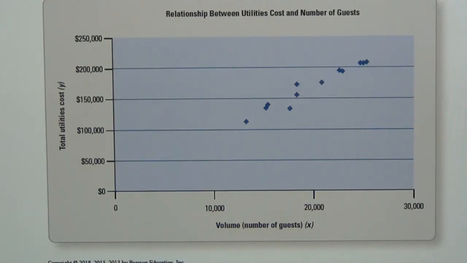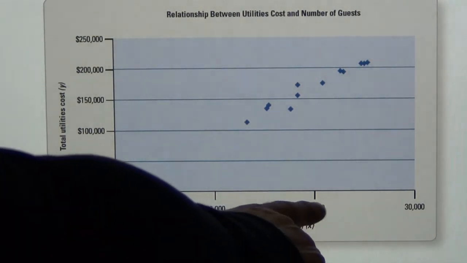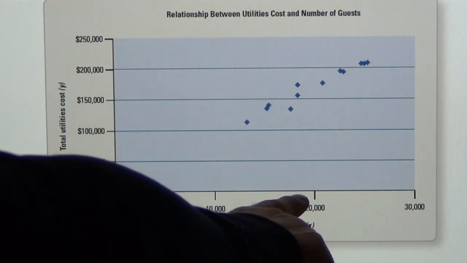If we get a scatter plot graph up, we can see that there appears to be some correlation. You just go through the process of plotting everything out on a graph and seeing where things fall. You'll look at, let's say, a volume of 19,000.